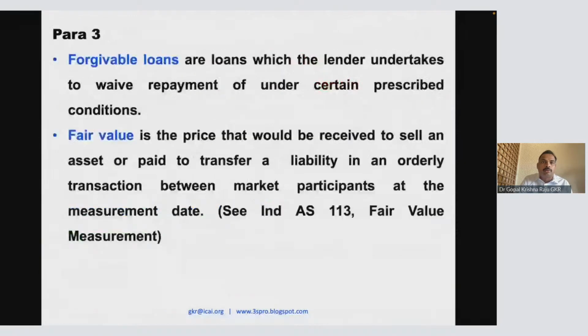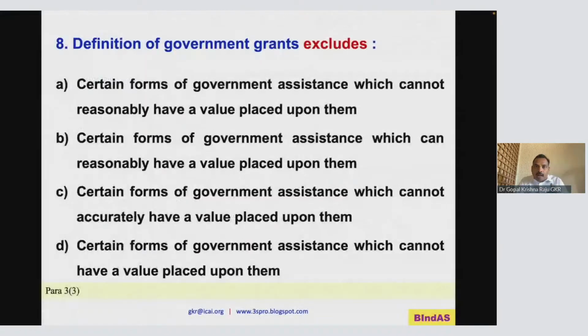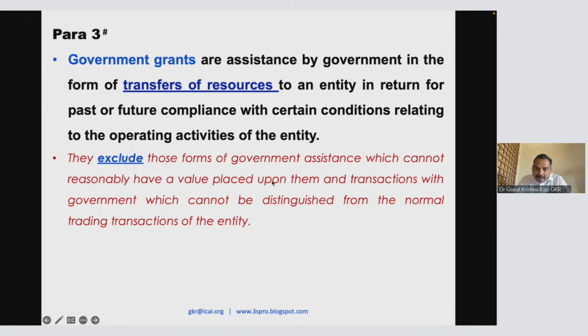So what does it exclude? They exclude those forms of government assistance which cannot reasonably have a value placed upon them, and transactions with government which cannot be distinguished from normal trading transactions. So now answer this question. Those forms of government assistance which cannot reasonably have a value placed upon them. If you can have a value placed upon it, then it is a government grant. Now, what is the key phrase here? Which cannot reasonably have a value placed upon them. You cannot value it. Okay. They exclude those forms of government assistance which cannot reasonably have a value placed upon them and transactions with government which cannot be distinguished from the normal trading transactions of the entity.